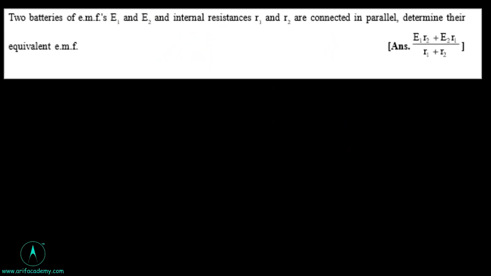Two cells, two batteries of EMF E1 and E2 and internal resistance R are in parallel. Determine their equivalent EMF. We know that if we have two cells in parallel, this is R1, this is R2, and the EMFs are E1 and E2.